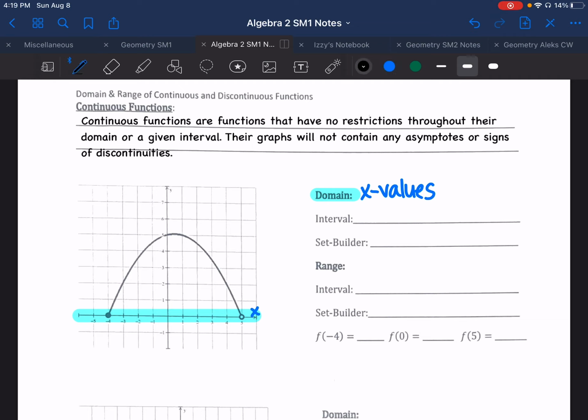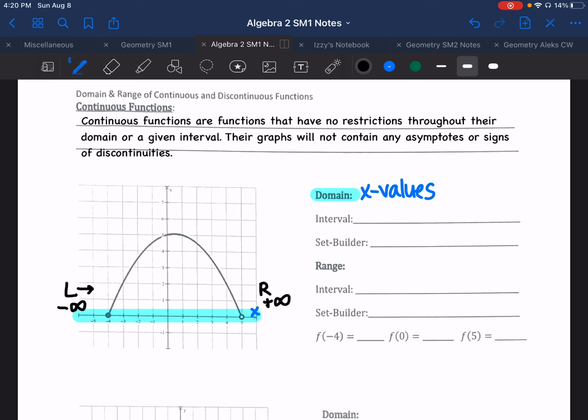Remember, when I read my domain, I read from the left and I head over to the right end of my graph. On the left side, I always would see negative infinity. So if there's any kind of arrow pointing off to the left side of your graph, that's going to go to negative infinity. And as I read over to my right, if there's an arrow over here heading off to the right side, either up or down or just straight on to the right, it is going towards positive infinity.